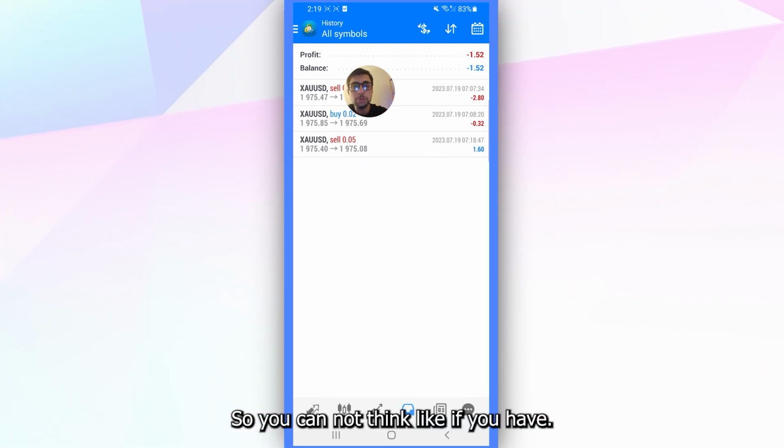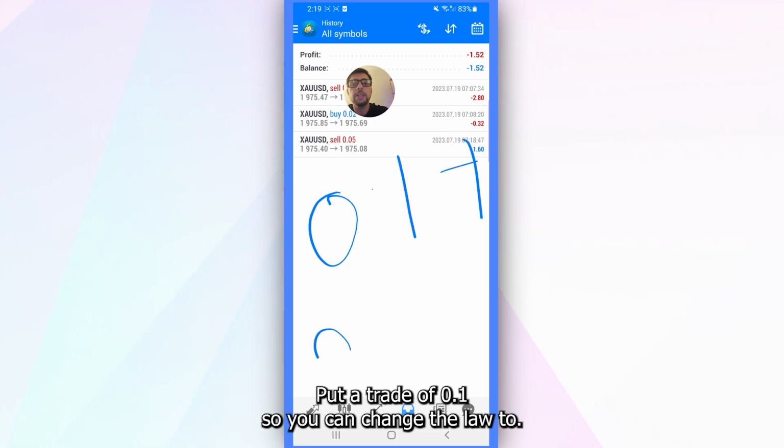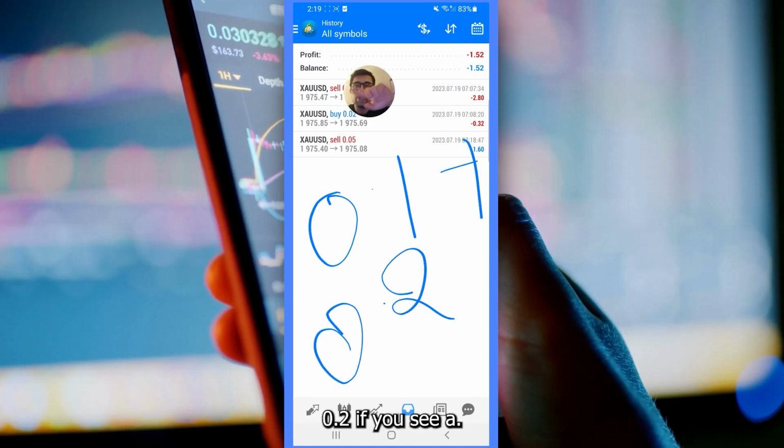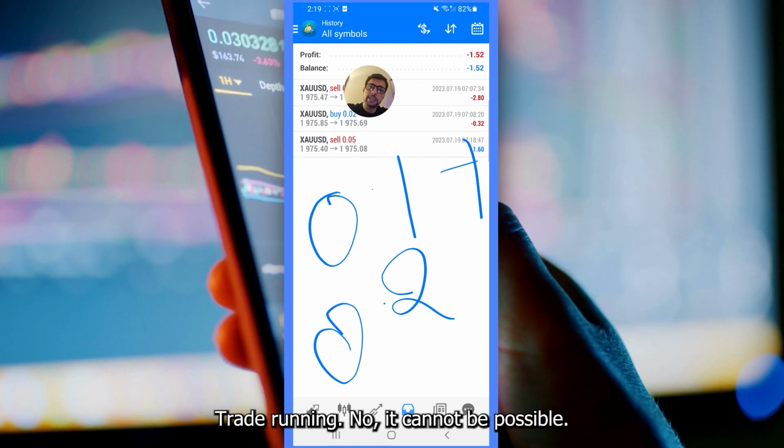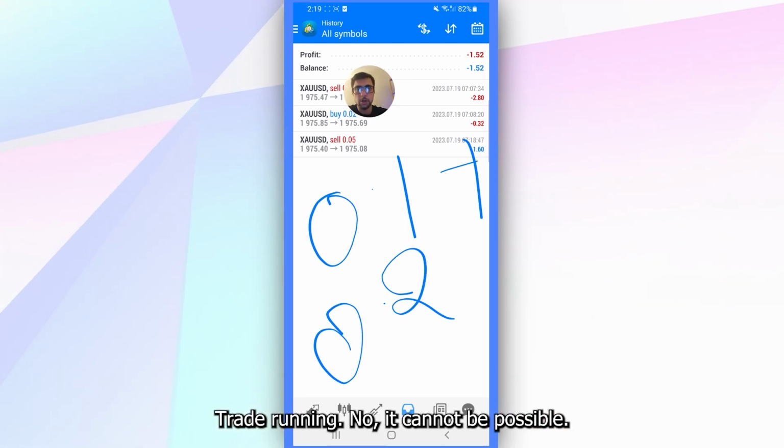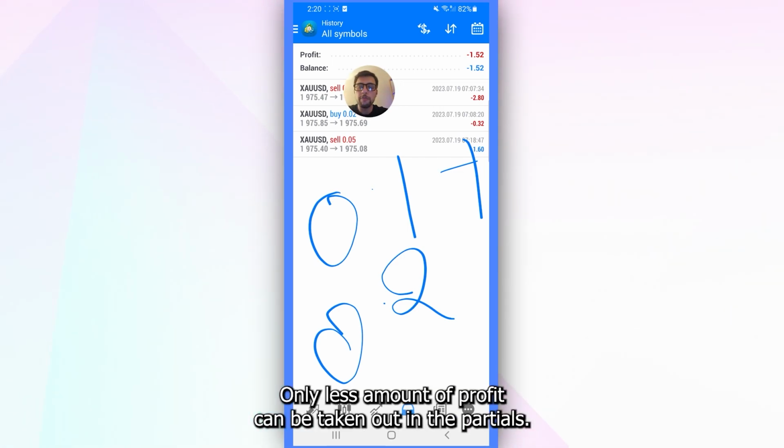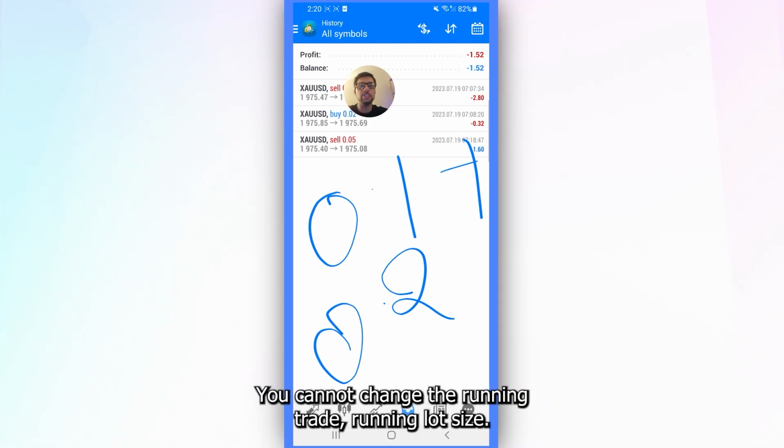So you cannot think that if you have put a trade of 0.1, you can change the lot to 0.2 while you see a trade running. No, it is not possible. Only a lesser amount of profit can be taken out in the partials. You cannot change the running trade's lot size.